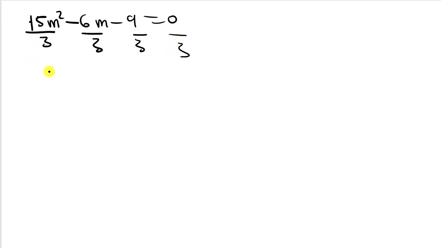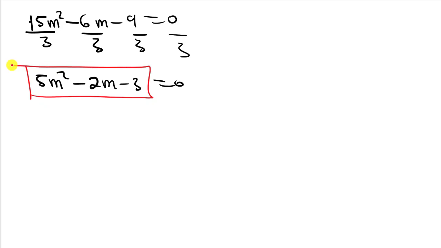So we are going to be left with 5m squared minus 2m minus 3 being equal to 0. Okay, so let's take this side and then let's factorize that. I want to use the factorization method. So minus 3 times 5, we are going to get minus 15. So we want two numbers which when we multiply, we get minus 15, but when we add, we get negative 2. That is the coefficient of the m.